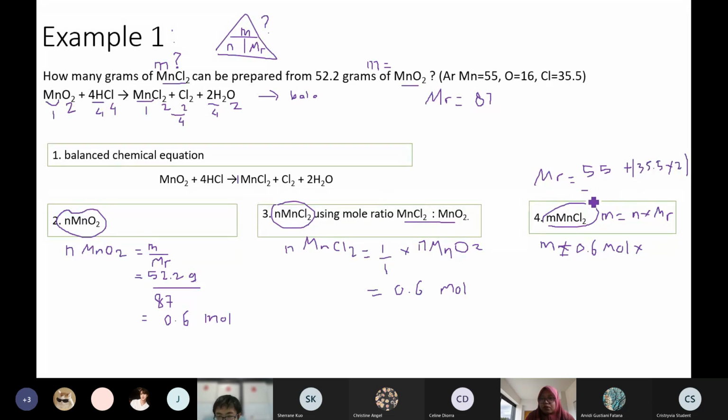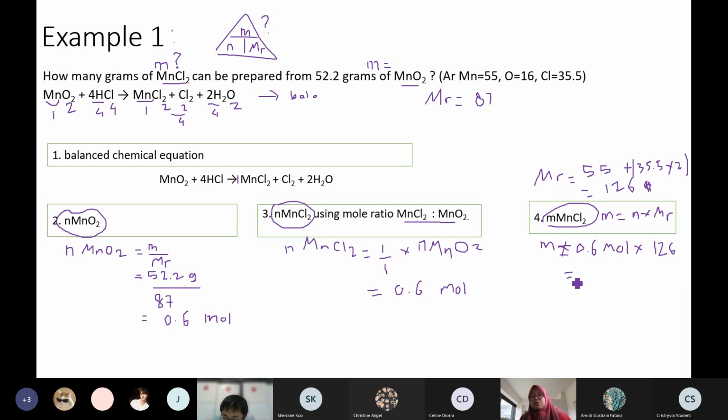It will equal 126. Yes. 126 grams, because this is the relative formula mass. It has 126.